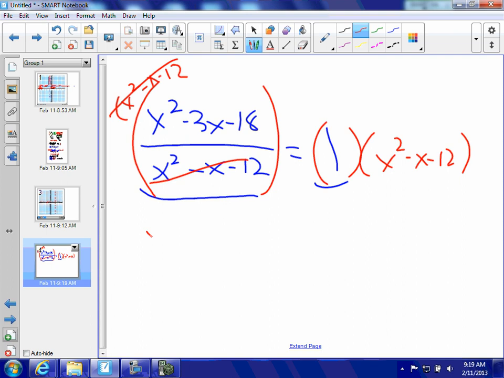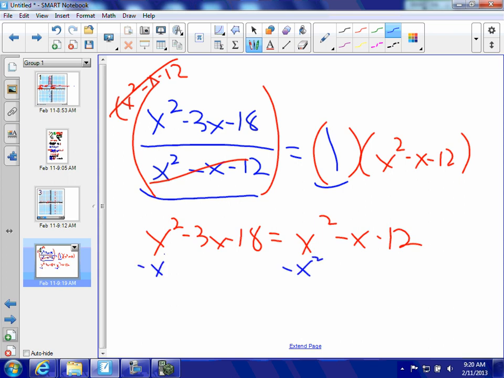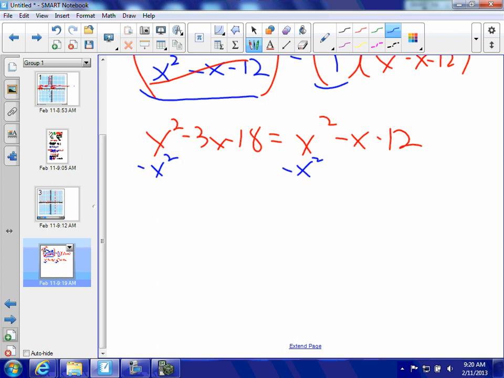I get x squared minus 3x minus 18 is equal to x squared minus x minus 12. So I'll start off by subtracting x squared from both sides, because I can see that's going to make it go away. So it goes away there and it goes away there, and I'm left with negative 3x minus 18 is equal to negative x minus 12.